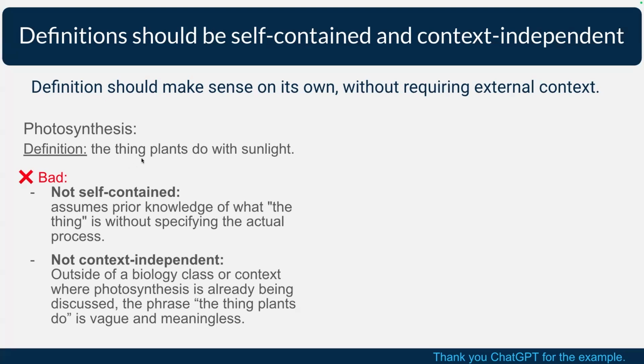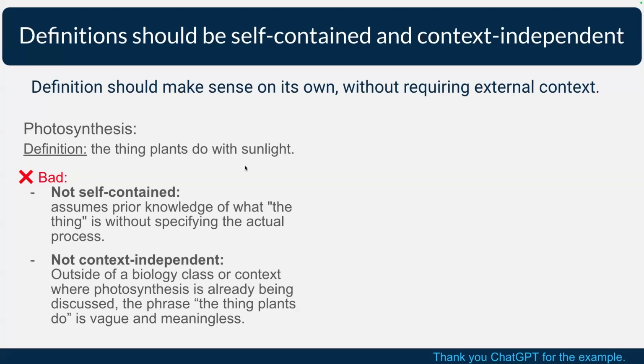If you're a biologist, you kind of know what it means, but if you're not a biologist, you don't know. Also, it is not context independent. This is assuming that you're thinking about the word photosynthesis in the context of plant biology. It could totally be a definition that fits with whatever happens in a video game.